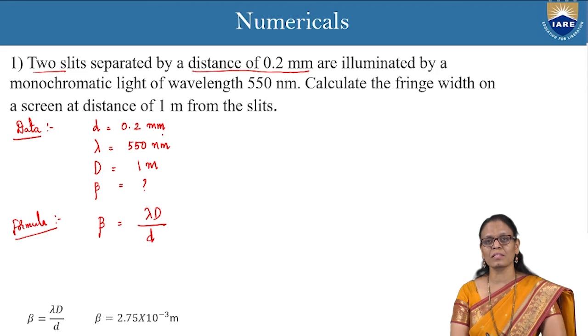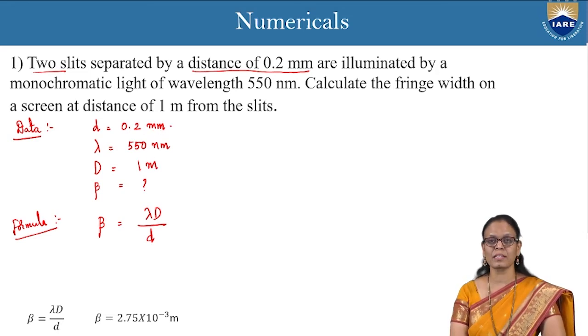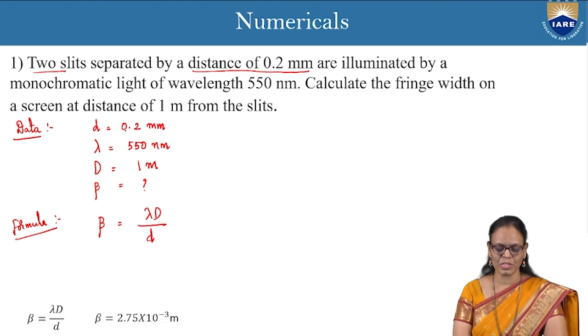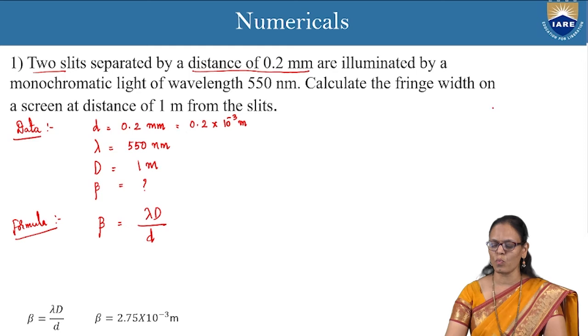So we will always try to use the SI system. In SI system, distances are measured in meters, so we will convert everything into meters. So 0.2 millimeter will be equal to 0.2 into 10 power minus 3 meters. This is the conversion: 1 millimeter is equal to 10 power minus 3 meter.